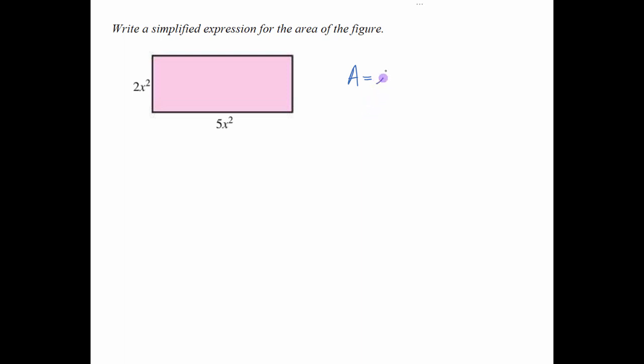So we have area is length times width. My length is 5x squared times width is 2x squared. So my area ends up being my constants, 5 times 2, and x squared times x squared is x to the 4th. So a simplified expression for the area of the figure is 10x to the 4th.